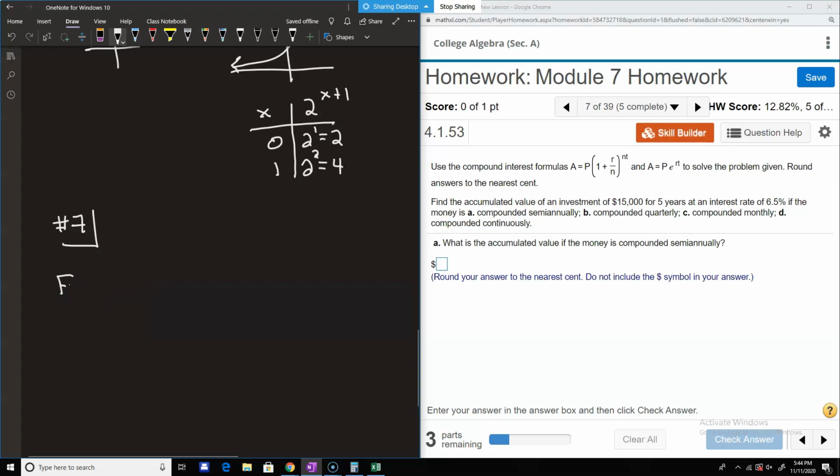So we have the finite formula. Again, you'll always be able to just look these up, but I do want to go through what all the letters mean, because that is what allows you to know what to plug in. And you have continuous: A equals P times e to the rt.